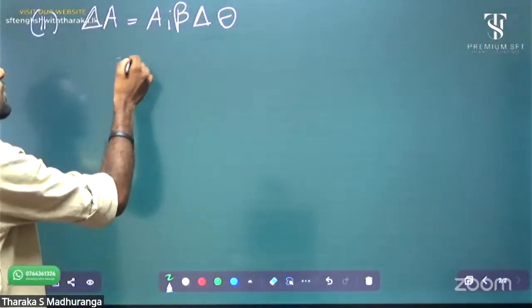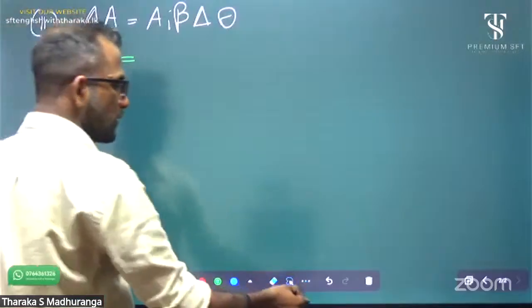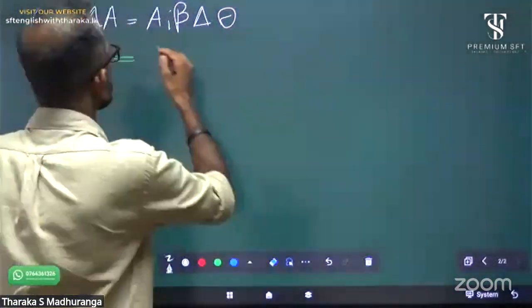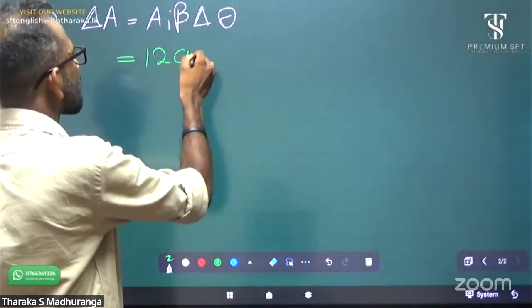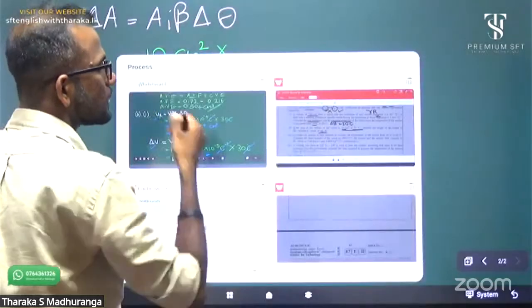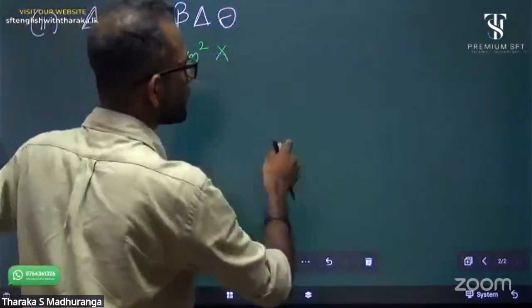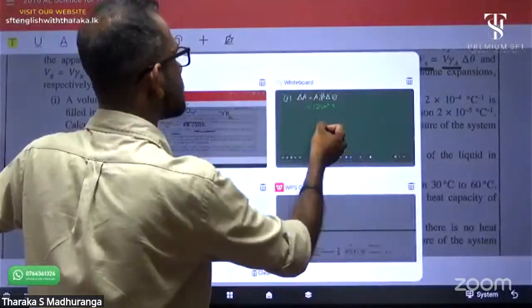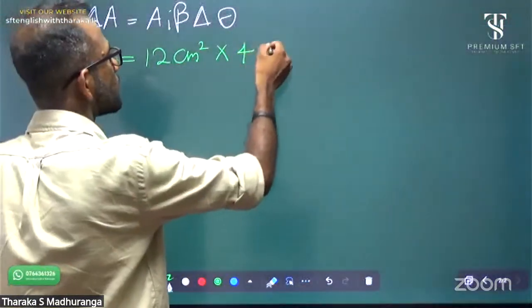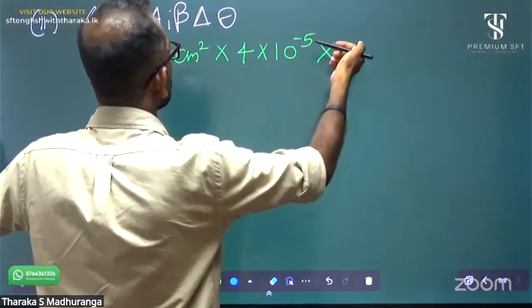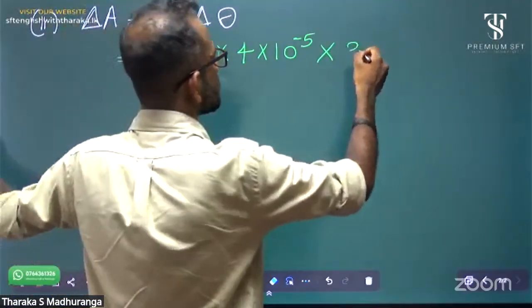A1 is the initial area, 12 square centimeter. The container linear expansion coefficient is given, right? 2 into 10 to the power minus 5, then beta equals 4 into 10 to the power minus 5. Temperature difference 30.